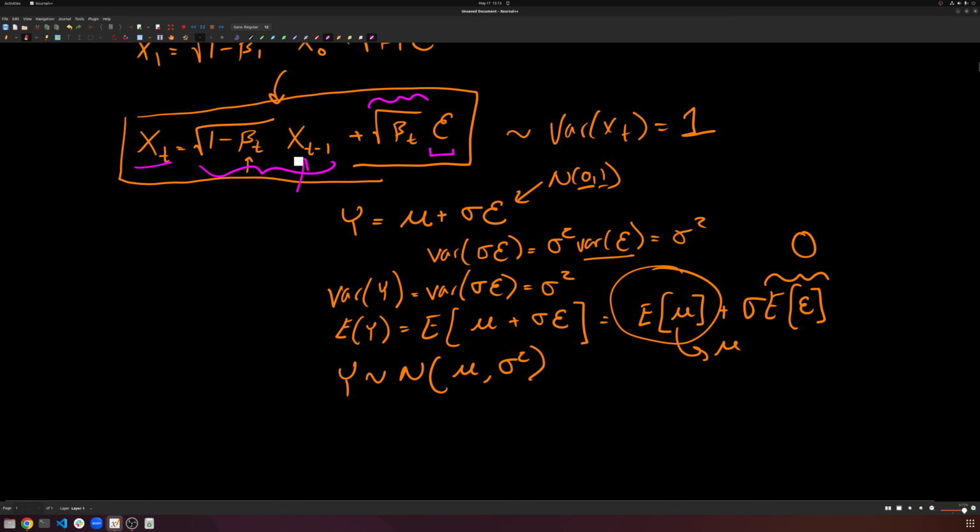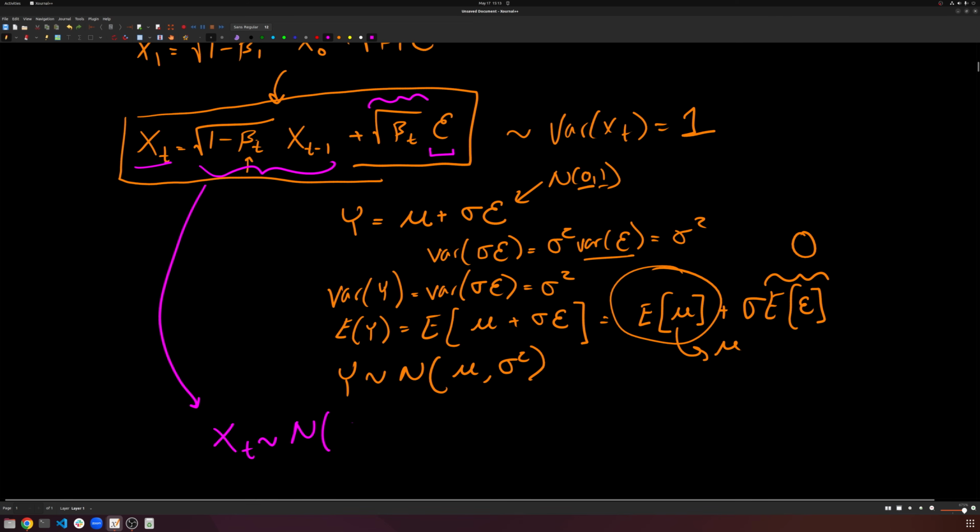So xt minus 1 is already known, so it is a constant. So that means xt comes from a normal distribution that has a mean of all of this stuff here, right? The thing we added is the mean, just like we had here. We added mu, so that's why the mean was mu.